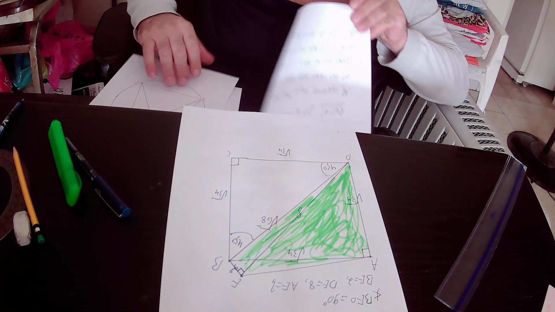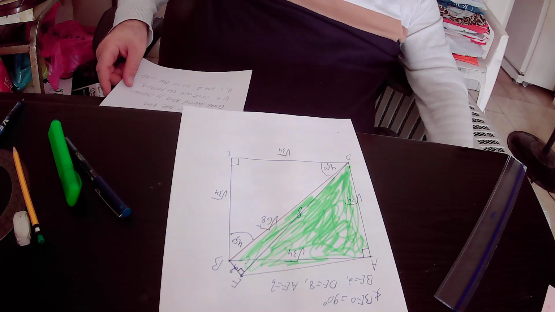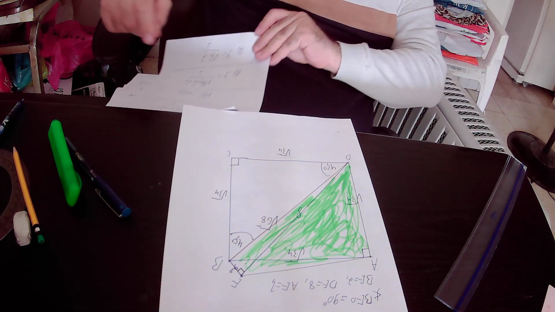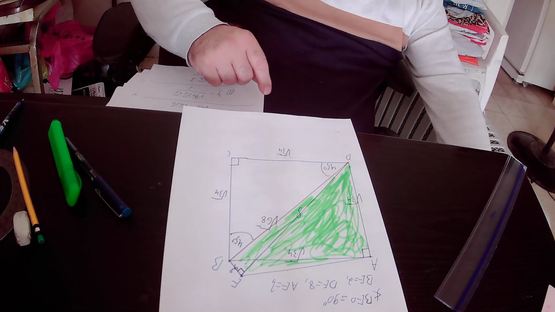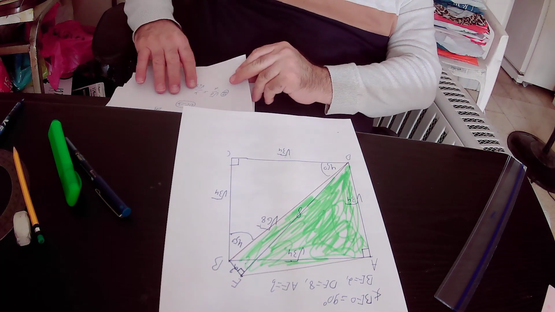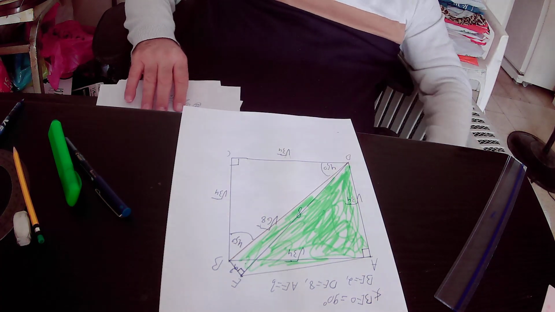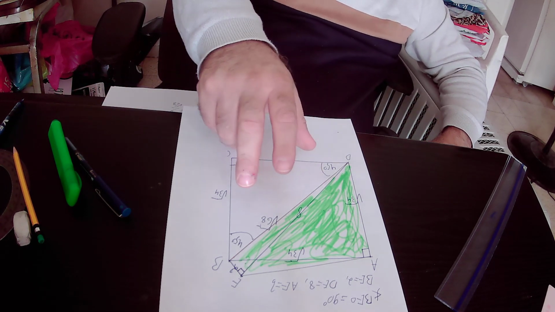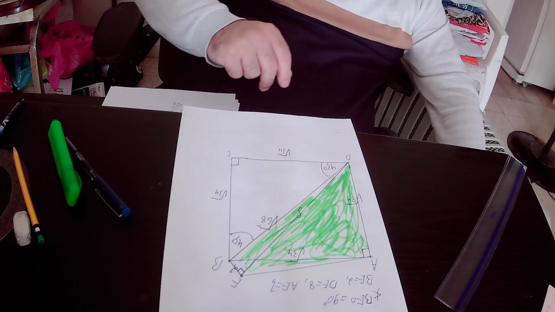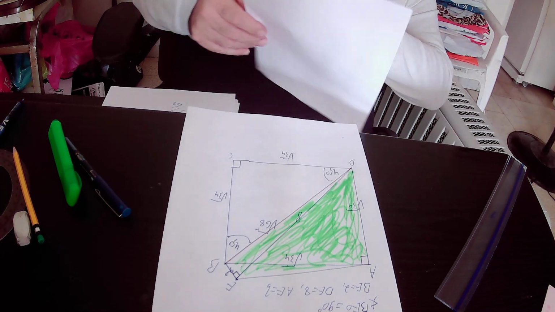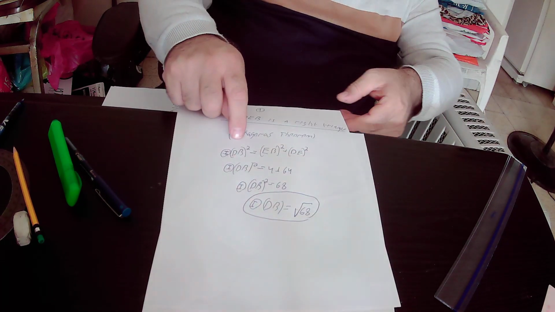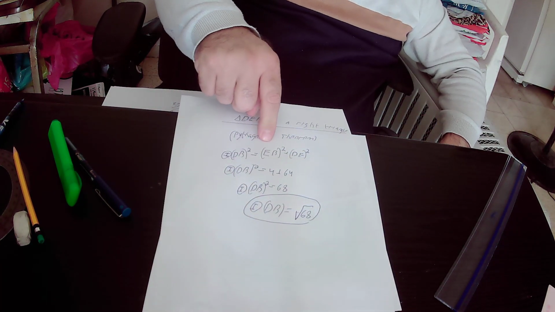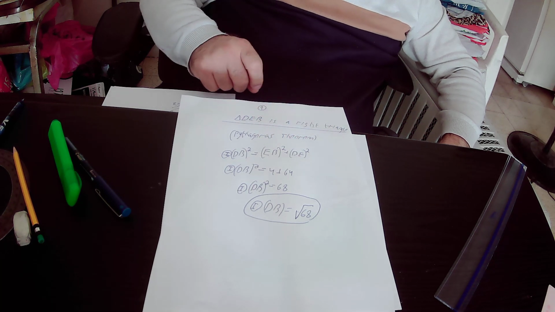We can implement the Pythagoras theorem in the right triangle DEB. According to the Pythagoras theorem, the square of the hypotenuse equals the sum of the squares of the perpendiculars. That is to say, DB square equals EB square plus DE square.